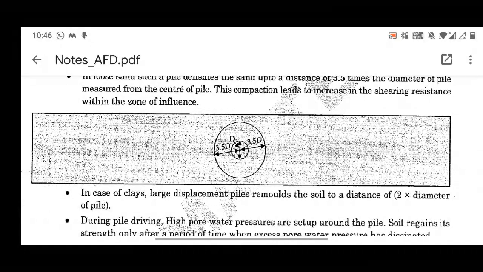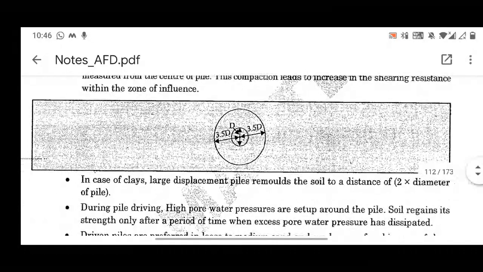Now during the pile driving, high pore water pressures are set up around the pile. Soil regains its strength only after a period of time when the excess pore water pressure has dissipated. This I have also explained in my soil mechanics class, where I told you that once you give compaction to the clay soil mass, there is dissipation of the pore water pressure and the soil gets remolded.